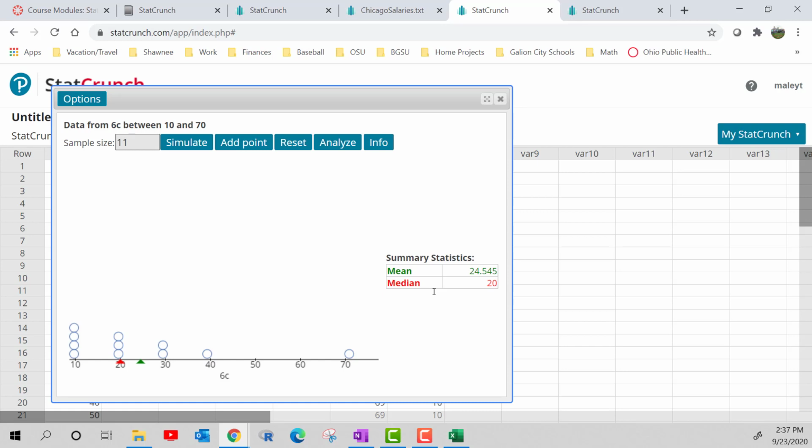We wanted something where the mean is bigger than the median, and that looks to be a right skewed shape. That long tail's on the right side, and that's how we remember right skew.